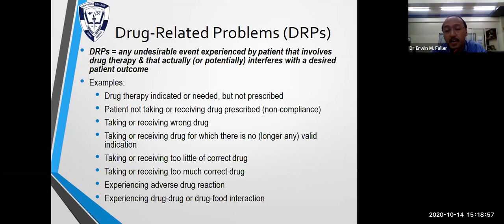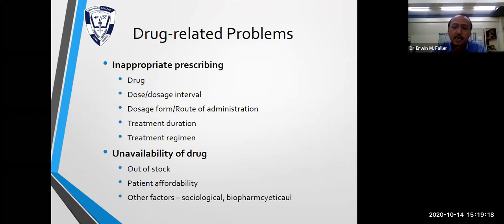hepatotoxicity and nephrotoxicity. Or the patient may have overdosing or underdosing, or a lot of adverse drug reactions that may hinder compliance, or a lot of drug interactions. So there are a lot of factors, even the appropriateness of a drug, the interval, the route of administration, the duration, and the regimen that we need to look into as part of the consideration.